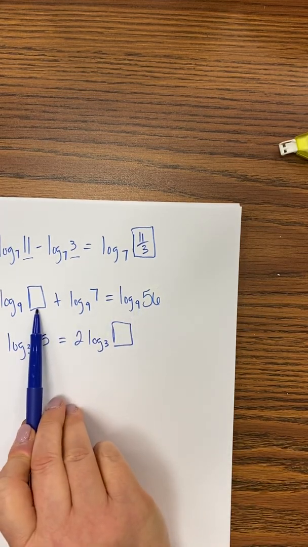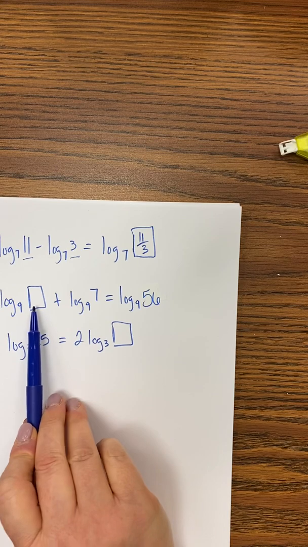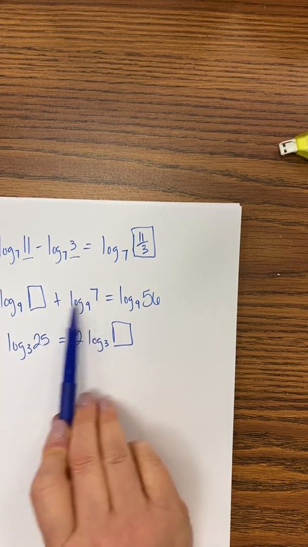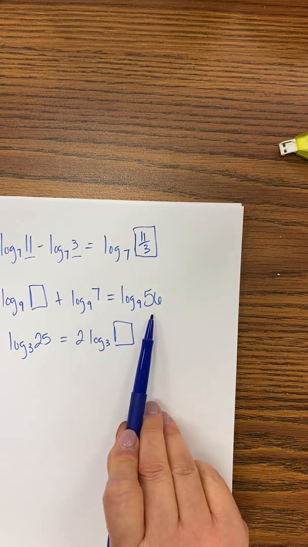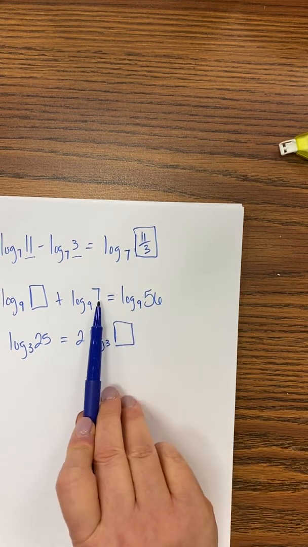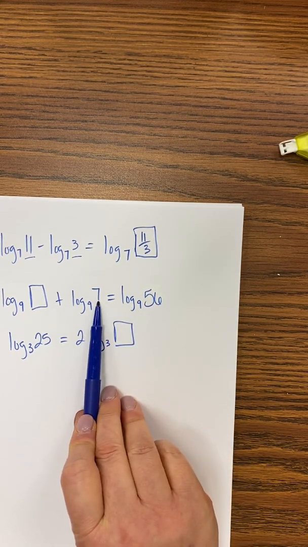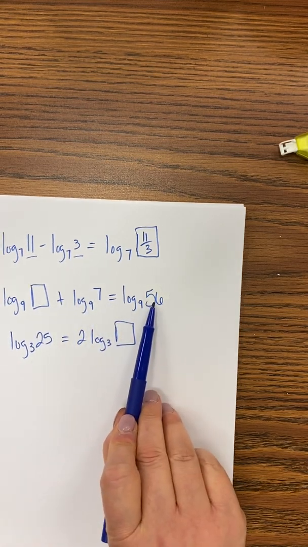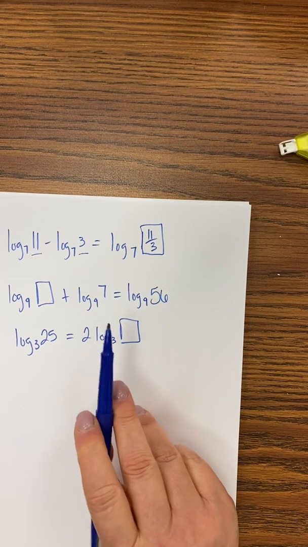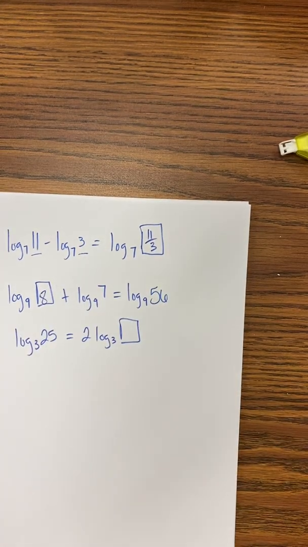Remember the product rule, it's addition, but we take these numbers and we multiply them. Well, they already told you that they're going to multiply to equal 56. If you know this number is 7, then what would this number have to be for them to equal 56? You could simply do division, or if you know your math facts, you would know that's got to be 8, because 8 times 7 is 56.